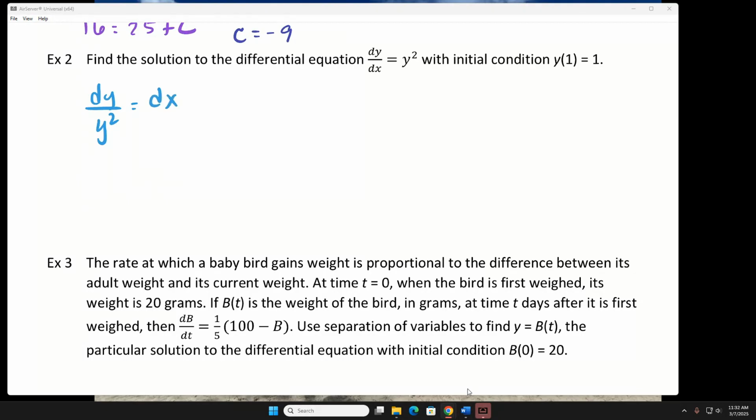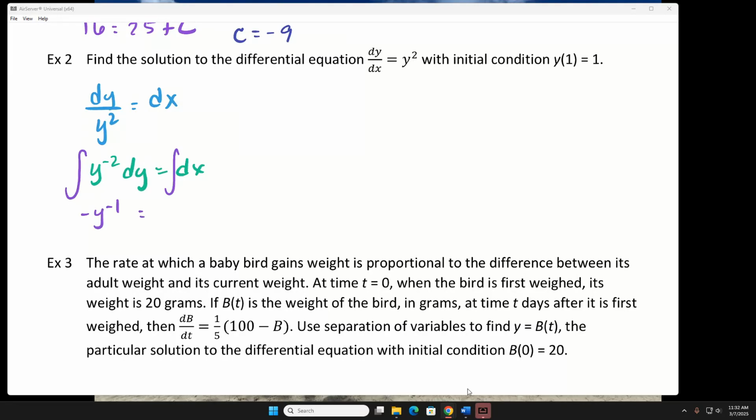Okay, so because there is something in the denominator and the power of it is not 1, we would rewrite that. Okay, and then we're going to integrate. So add 1 to the power and divide by the new power.